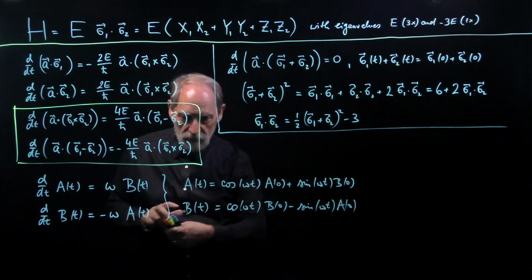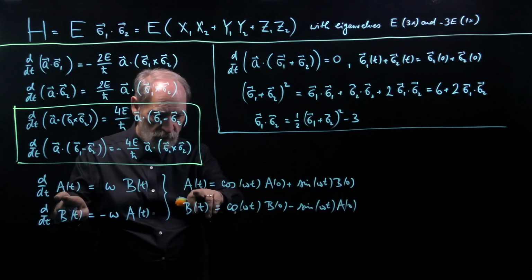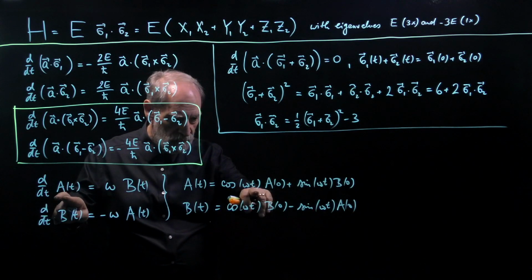And you can verify in a simple way by just differentiating. Let's look, for example, at the first one. We differentiate A of t. The cosine omega t turns into negative omega sine omega t.